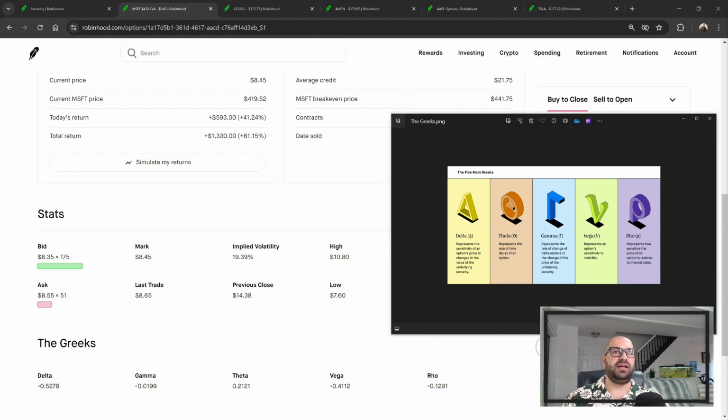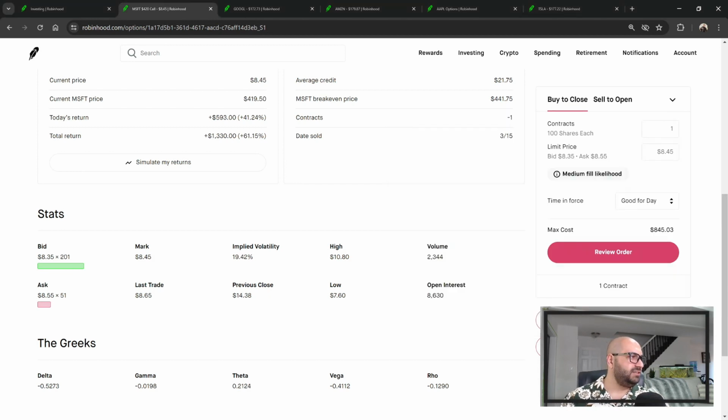Let's take a look at the live example we have here. As you can see, the implied volatility is 19.48. Vega is negative 0.41, meaning for every point that it goes up or down, the vega will affect our contract by $41. More implied volatility means bigger expectation in the fluctuation of the price, meaning it can go higher or it can go lower.